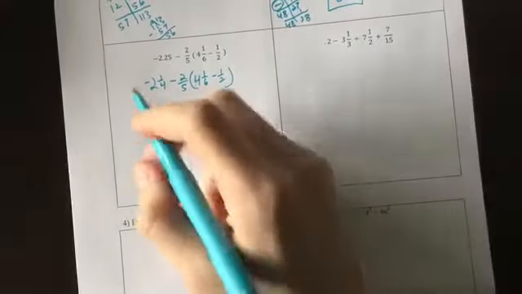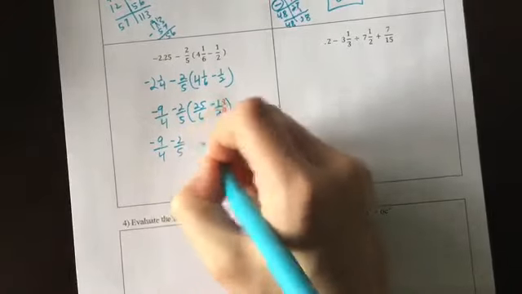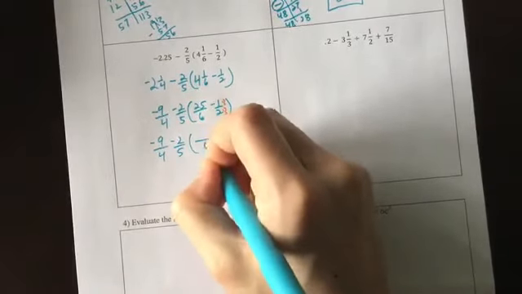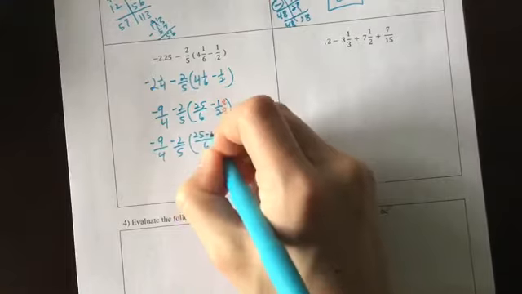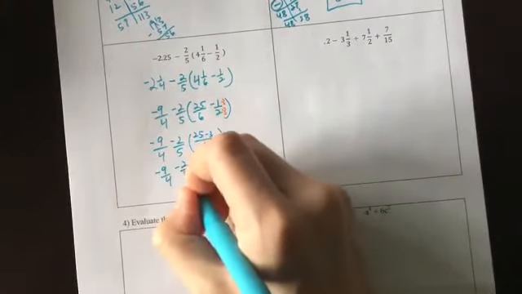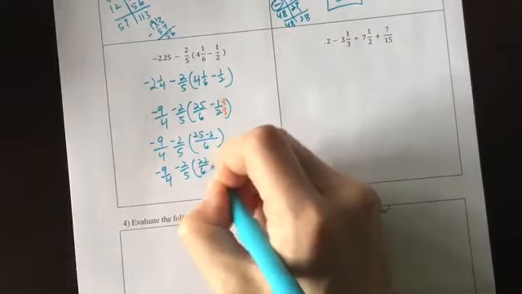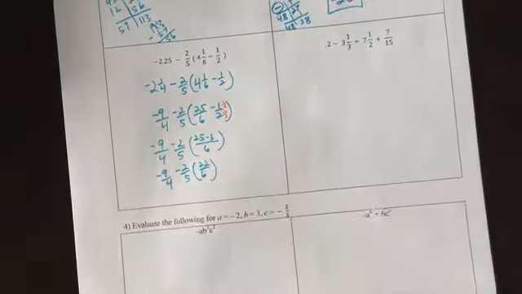Okay, now I can rewrite what's in the parentheses with that big single common denominator of 6. So that's going to be 25 minus 3, making this negative 9/4 minus 2/5 times 22/6. Now we're going to multiply.